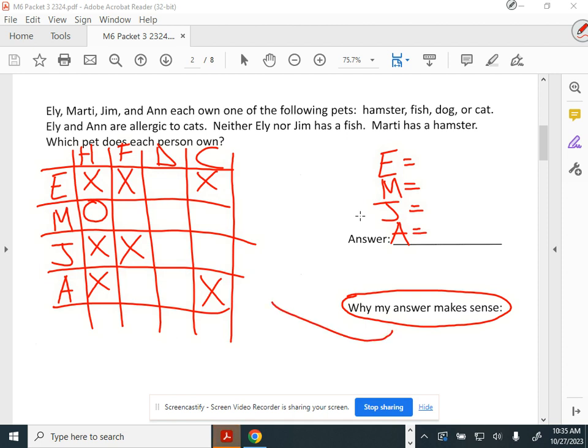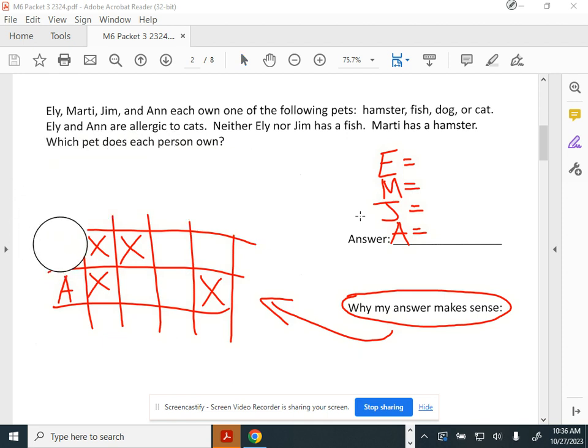When we say this is why it makes sense, you're showing me the table, how you found what each person has. So you need to make your table. I got us started with the information they gave us. You're going to finish it with your circles and X's: circle what they do have, cross off who cannot have that, and narrow it down to come up with the answer.